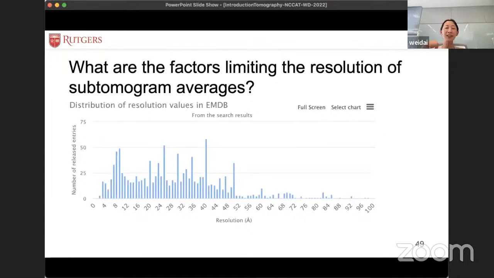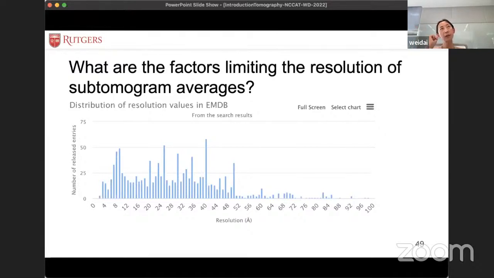For subtomogram averaging projects, using my glucan synthase as one example, for each tomogram, the best one, I probably have maybe 150 subtomograms I can use. And then for some of the tomograms, I have nothing. I just have a piece of membrane with no donuts on it at all.